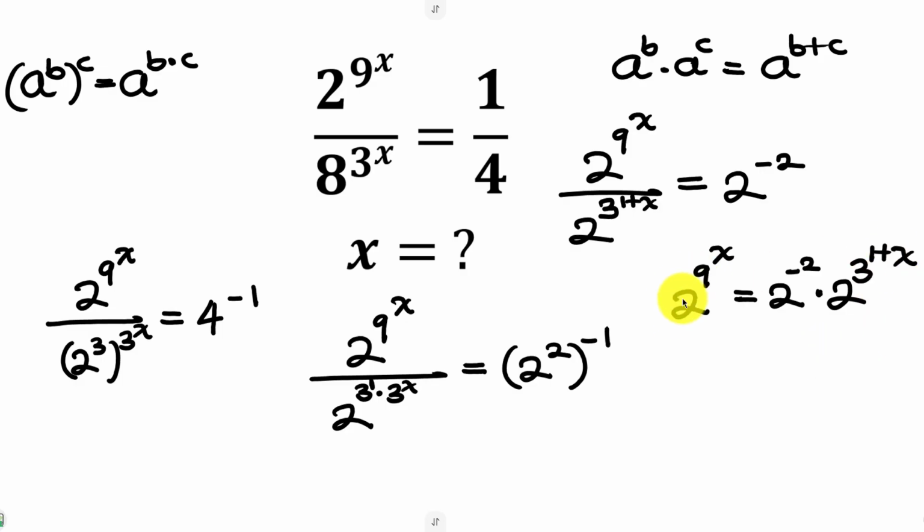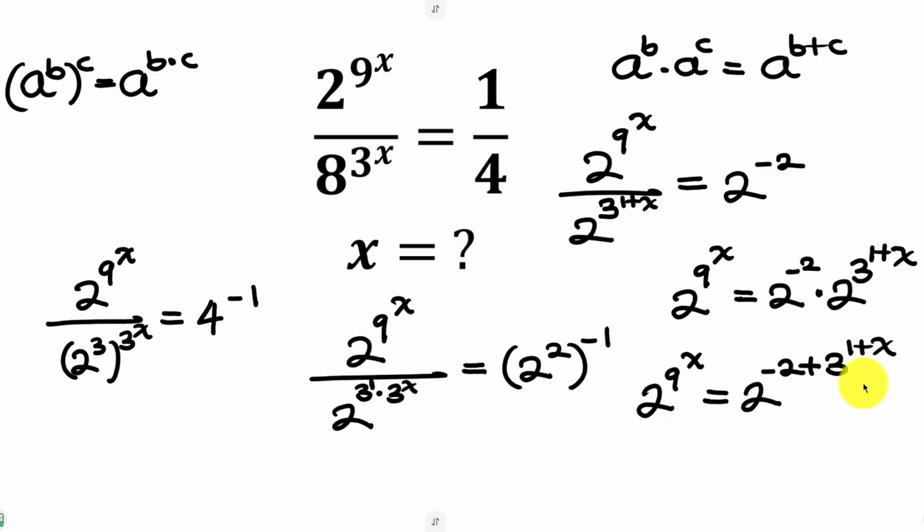Now simplifying further, we have 2 to the power of 9 to the power of x to be equal to, now I'm going to be applying this property of indices to what we have here. So I'll take one of the bases, which is 2, then I'll add up their powers. The power here is negative 2 plus the power here is 3 to the 1 plus x.